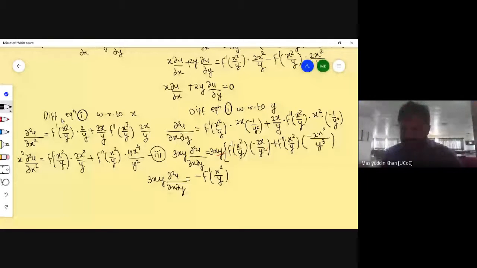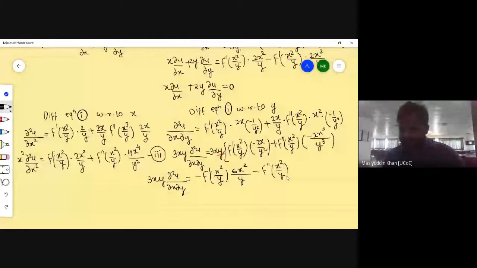Now x into x, x square, and 3 2s are 6x square upon y. This first part, similarly we have to apply here minus, I'm just taking outside f double dash of x square by y.